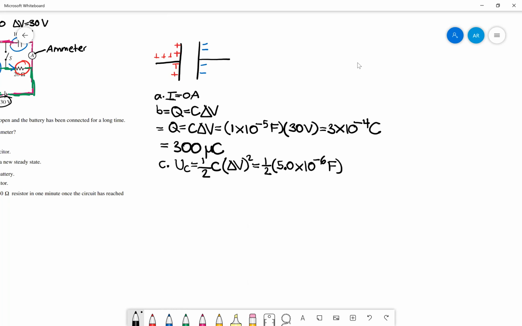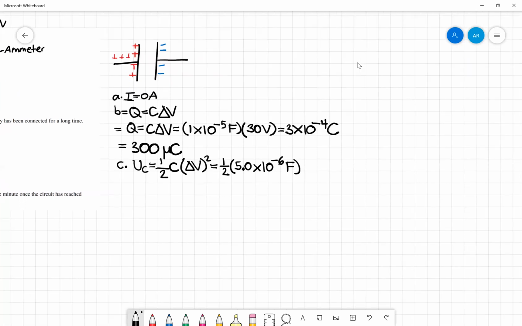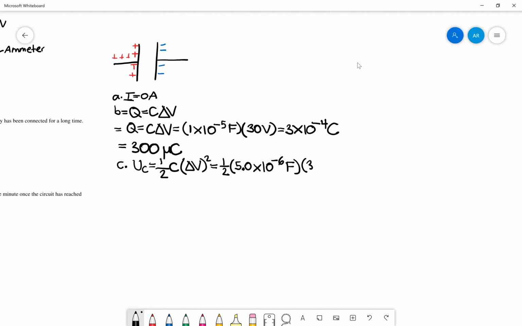And the potential difference will be given by 30 volts, as we found earlier, so 30 volts squared.